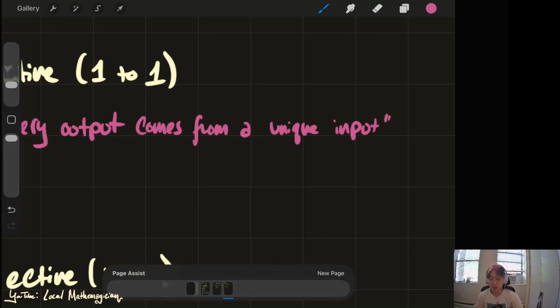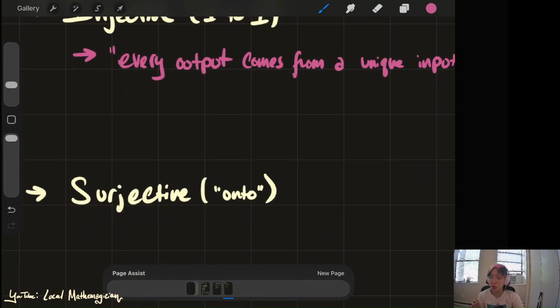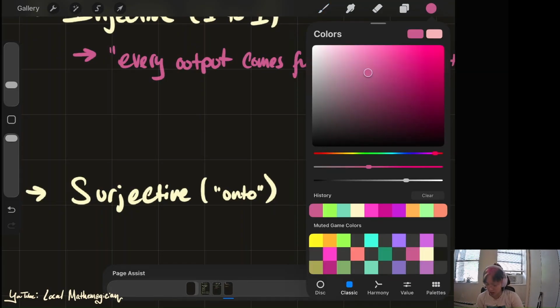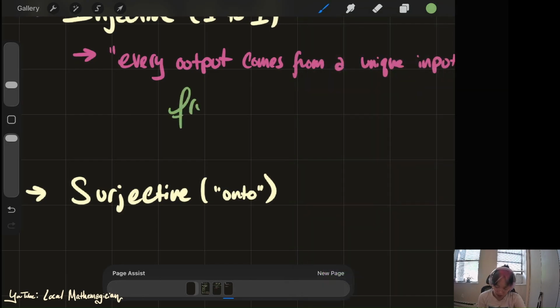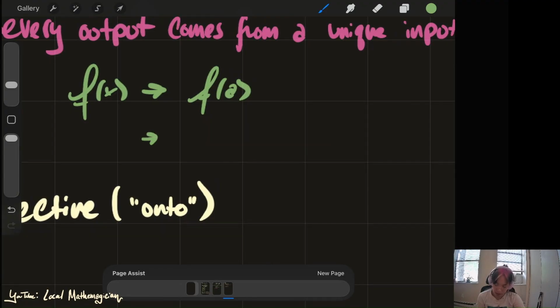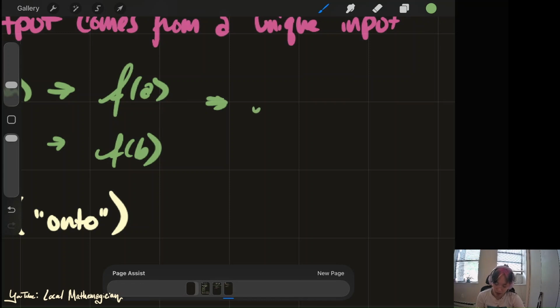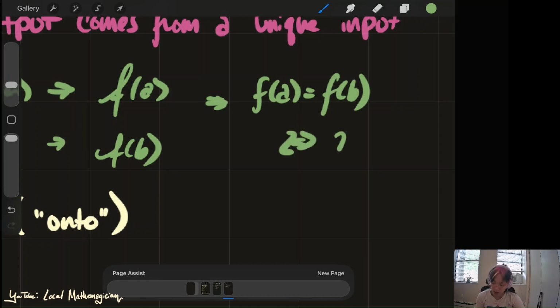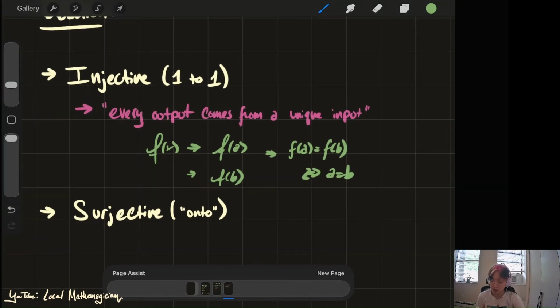So if you have a function f of x, and you plug in a, and then you plug in b for f of b, if f of a is equal to f of b, then that only works if a is equal to b for injections.